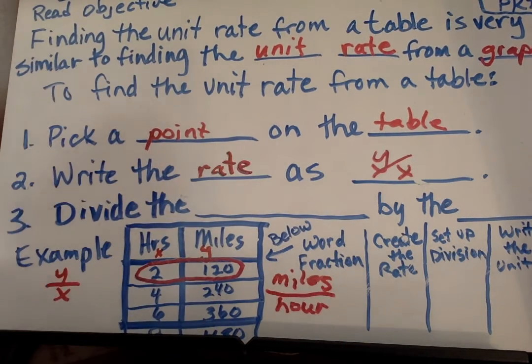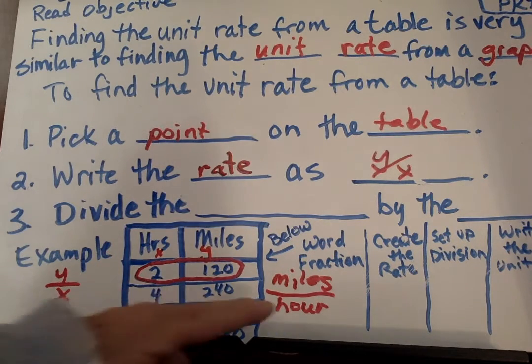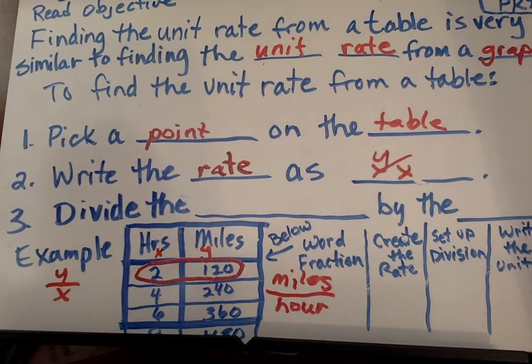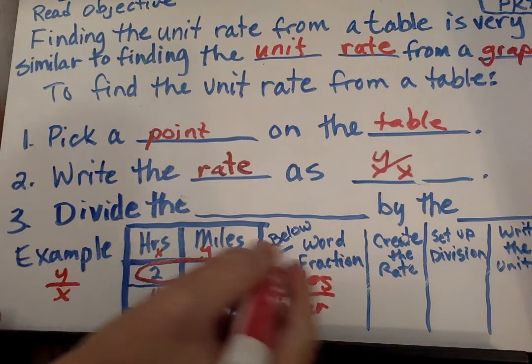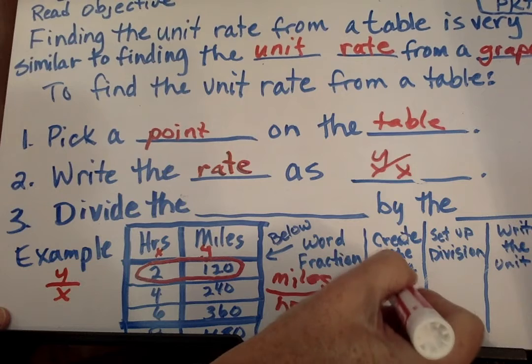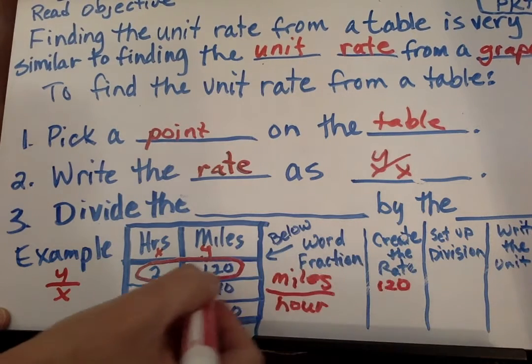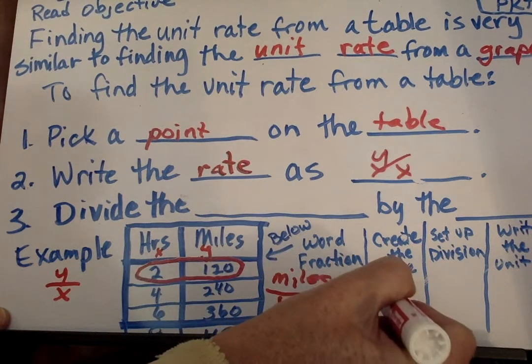Okay. All right, so I have 2 and 120 still. And I wrote the rate, miles per hour. I create the rate, which is going to be 120, because it's 120 miles over 2.